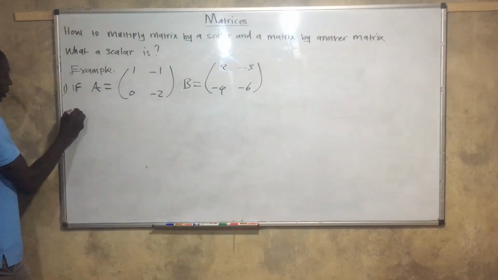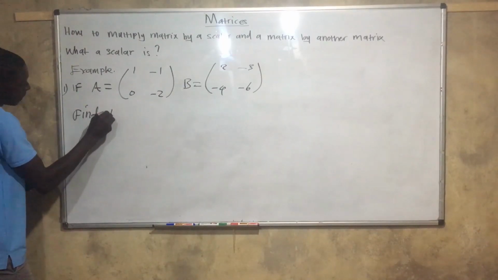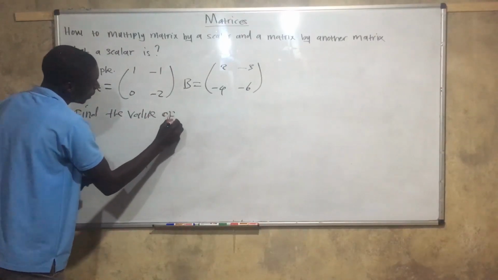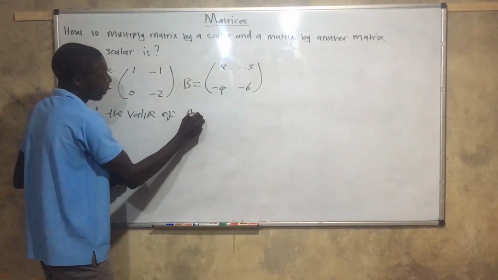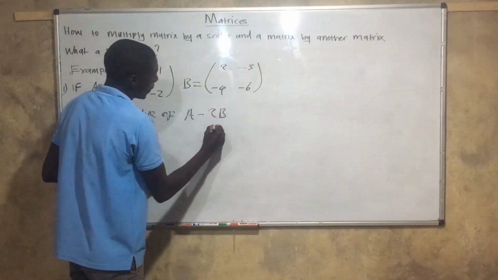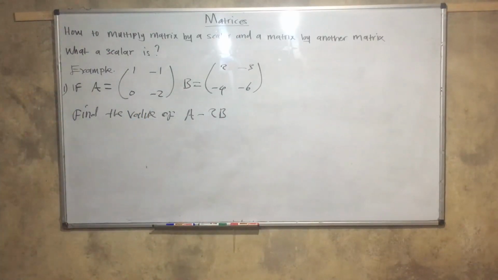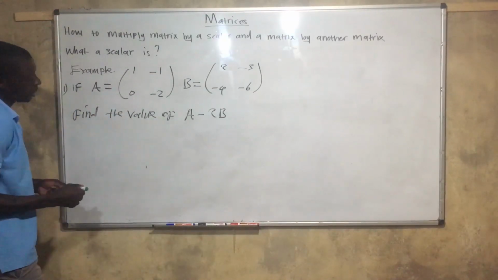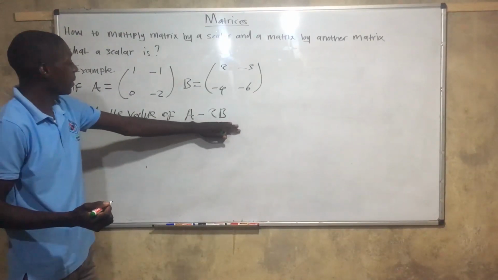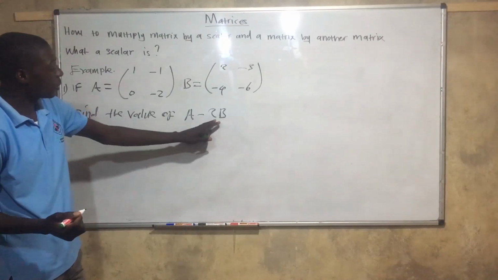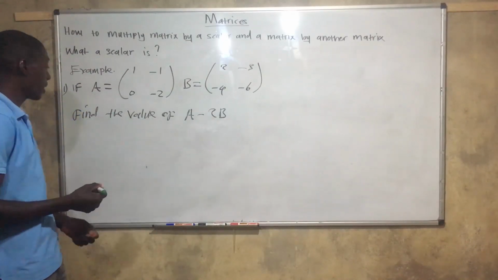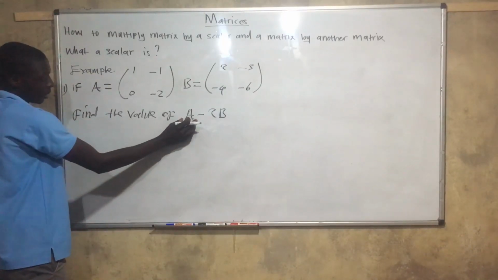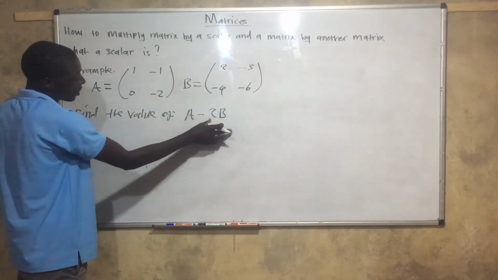Then we are given a question to say find the value of A minus 2B. If we were to work out this question, there is a combination of addition and multiplication, which is multiplying a matrix by a scalar. So we'll start with matrix A, since the question is starting with A minus 2B.